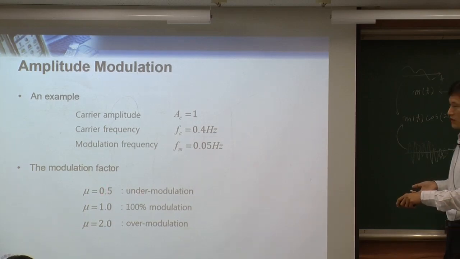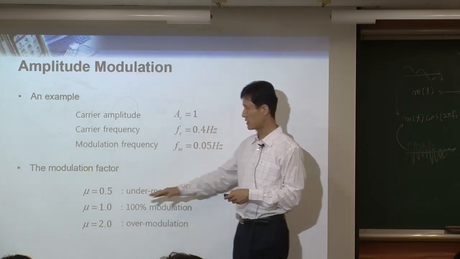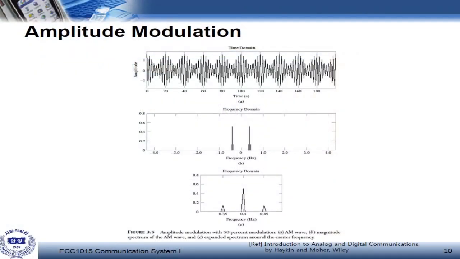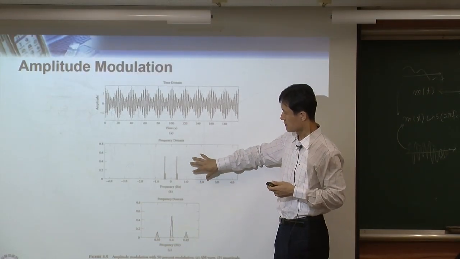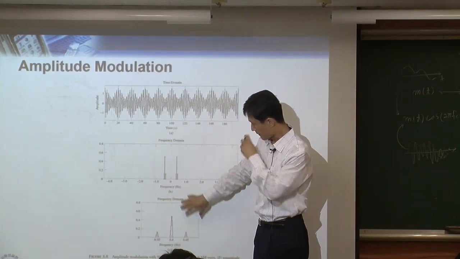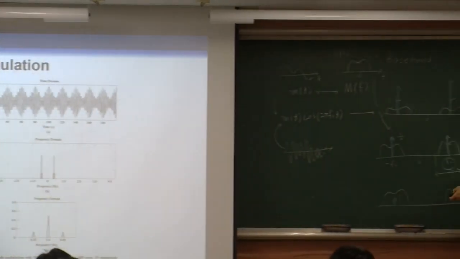So let's take a look at each case. We have 3 different cases, right? Let's take a look at these cases here. This is the first case. This picture shows you the first case, mu equal to 0.5. With mu equal to 0.5, this is what's going to happen.